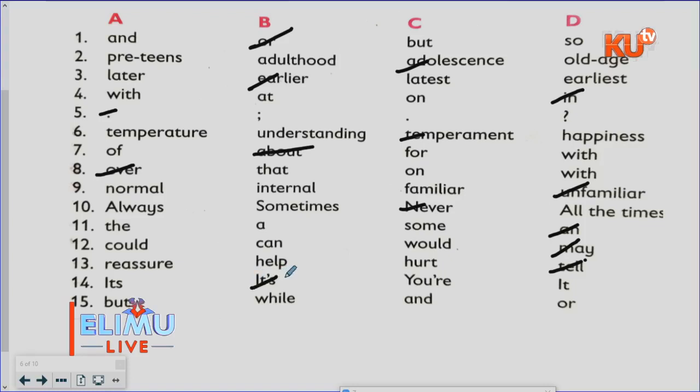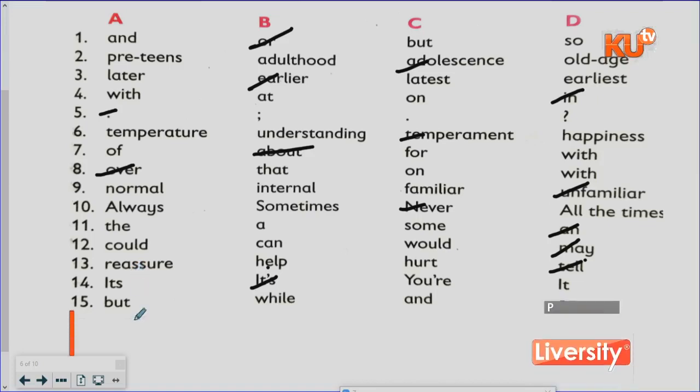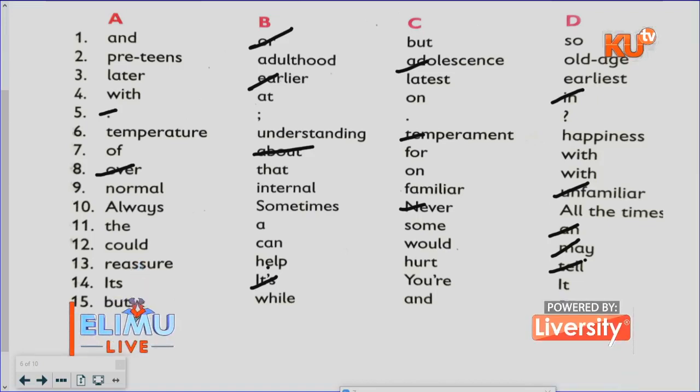But why? Because B is the short form of it is, when it has that apostrophe up there. When it does not have an apostrophe, it means ownership, for example, it belongs to me.